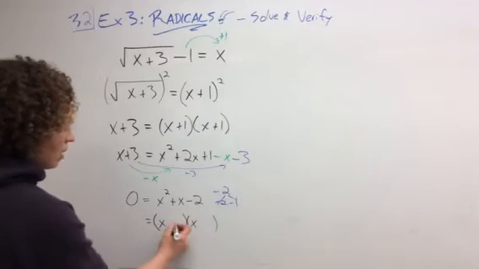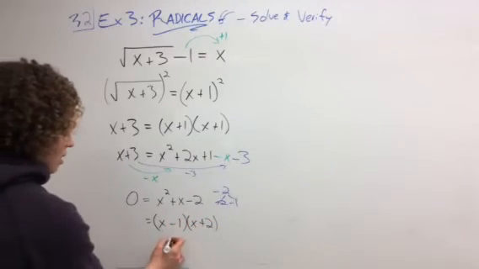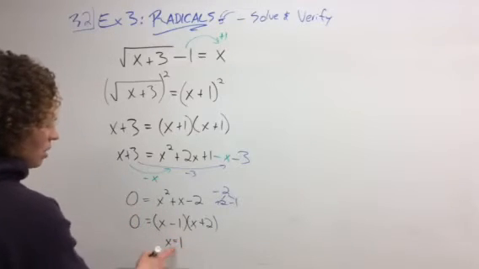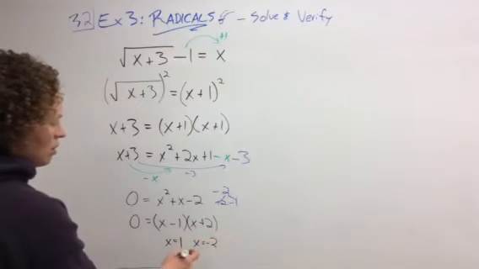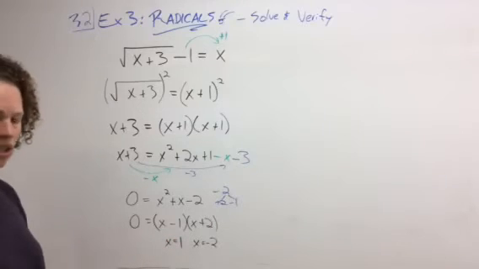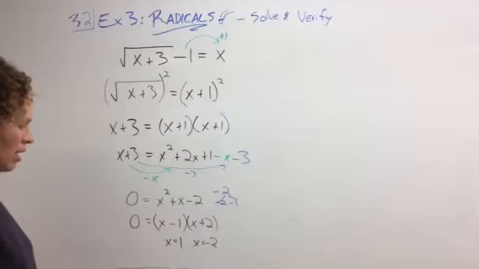So I can write x minus 1, x plus 2. And that means that this x value, if the whole thing is equal to 0, is going to be 1, because 1 minus 1 equals 0. And this x value is going to be negative 2, because negative 2 plus 2 equals 0. So I've solved over here that I could have a 1 or a negative 2 as my answer.